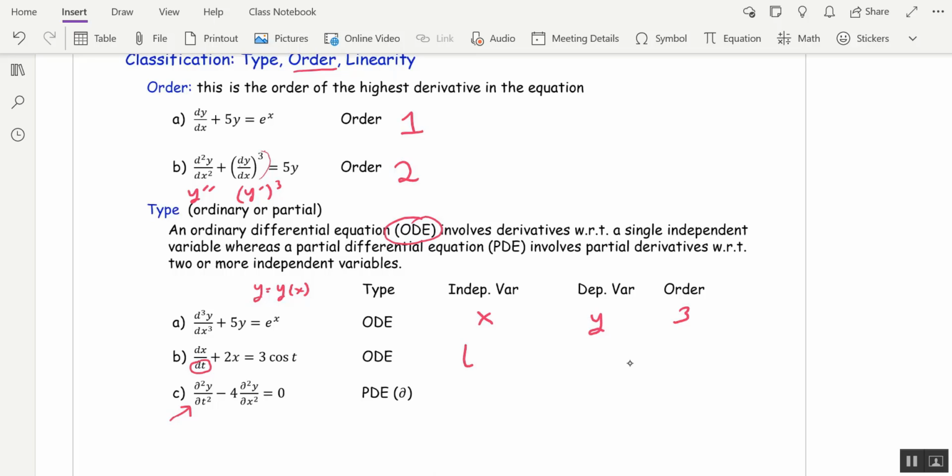That means t is independent, x depends on t, and the order is 1 because I see a first derivative. And the last example, my independents are t and x. That's what makes it a partial differential equation. It has more than one independent variable. y depends on t and x, and it's a second order differential equation.